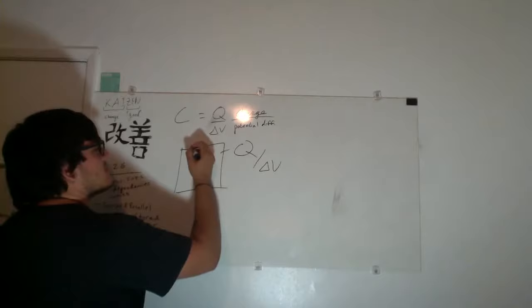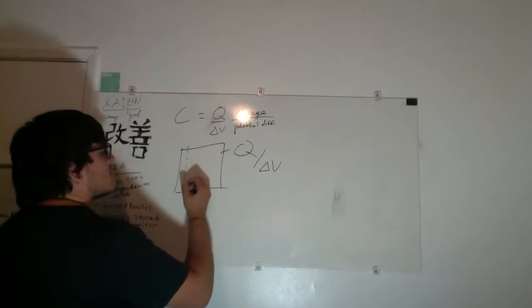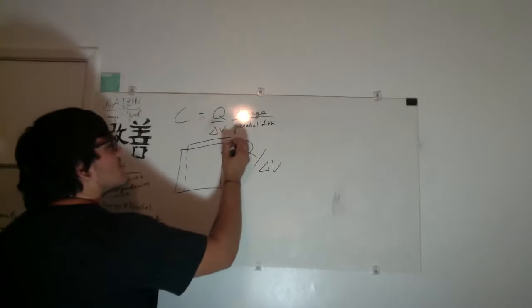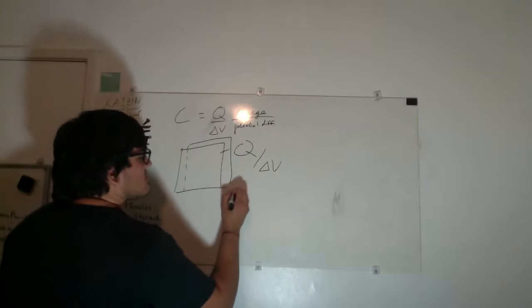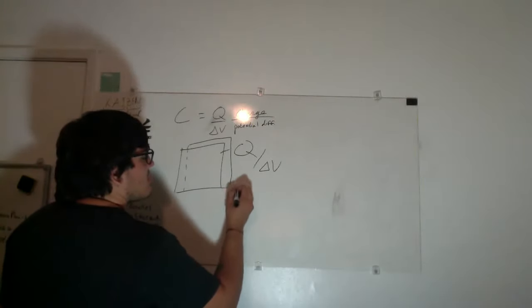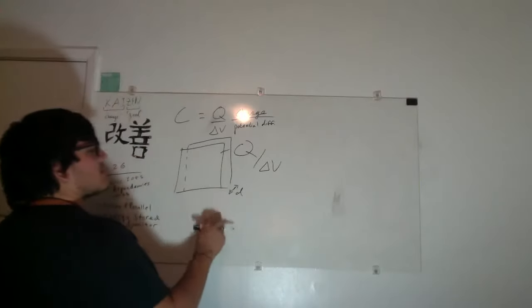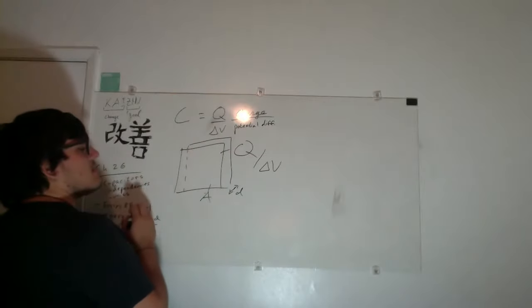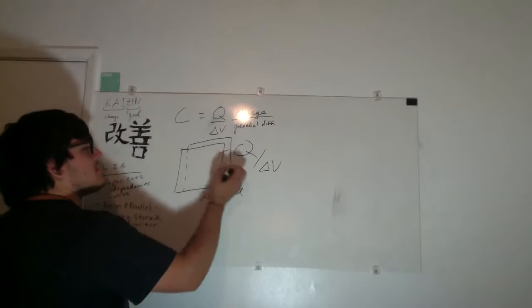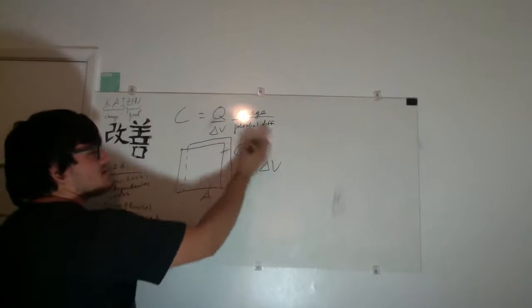If I draw another plate here, this would then be A, right? Area. And now we're talking about the amount of charge.